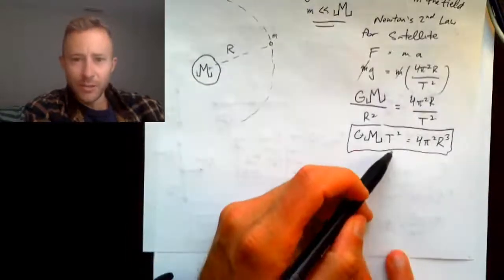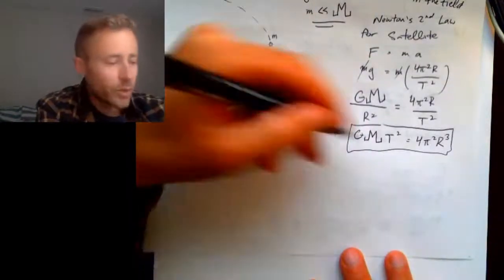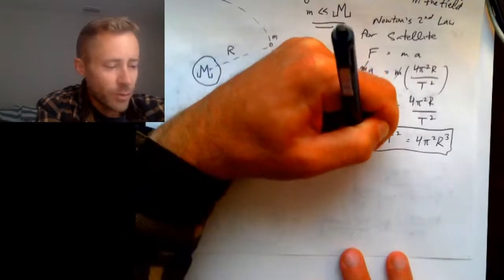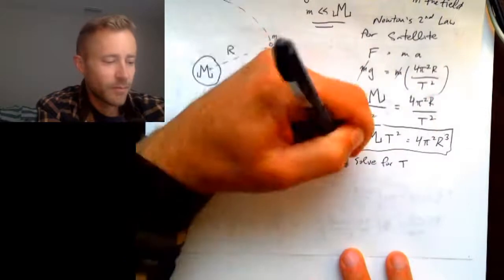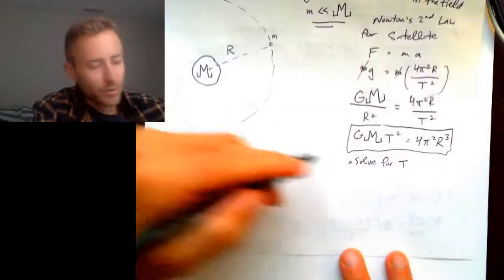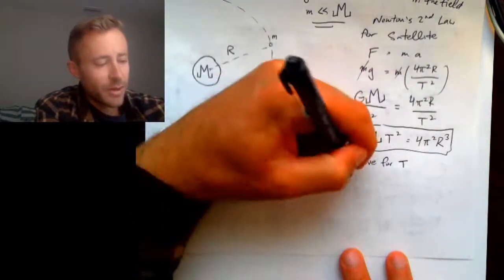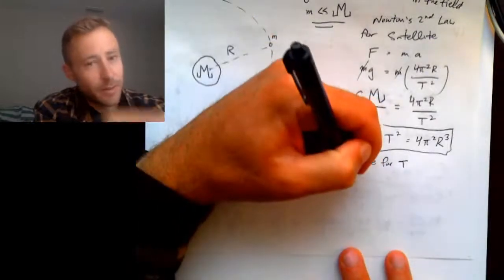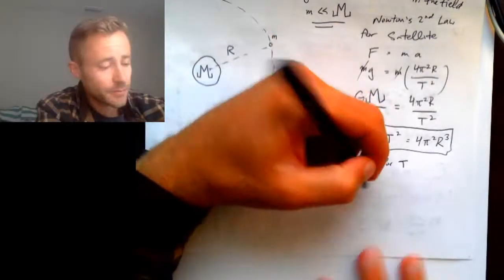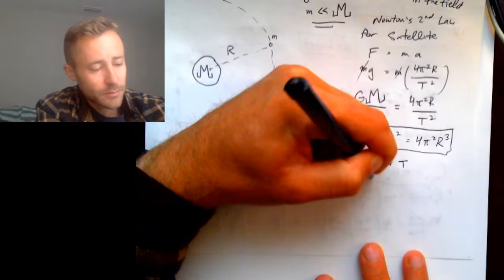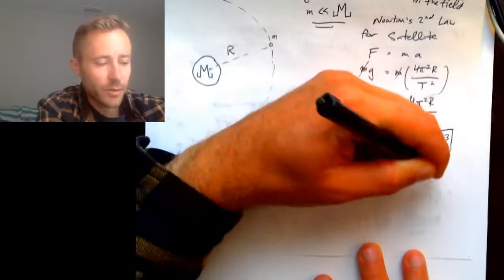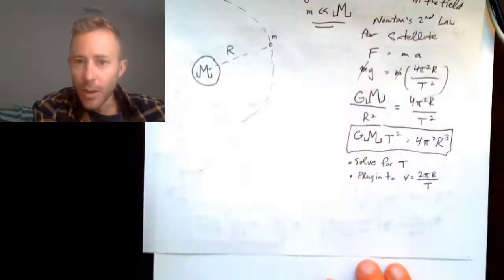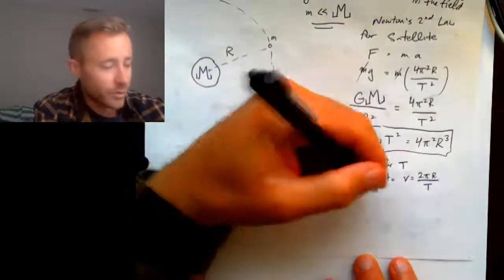We can solve that equation for the period, and then we can plug that into speed equals 2 pi r over the period, and we can get the speed of a circular orbit.